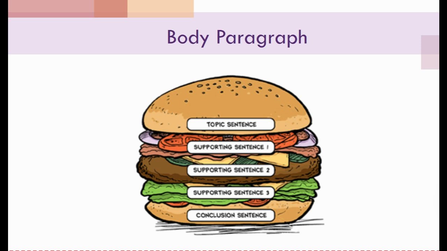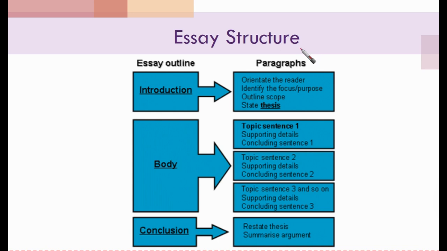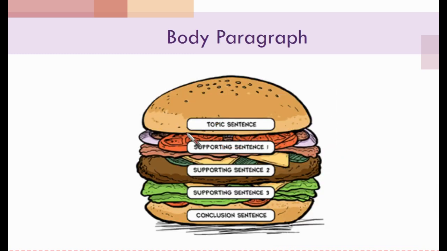Okay, look at this hamburger structure. This is a body paragraph. If we go back, this is 1 body paragraph, and we want to look at the structure of this small body paragraph. It looks like this. There is a bun on the top, and it's the topic sentence.